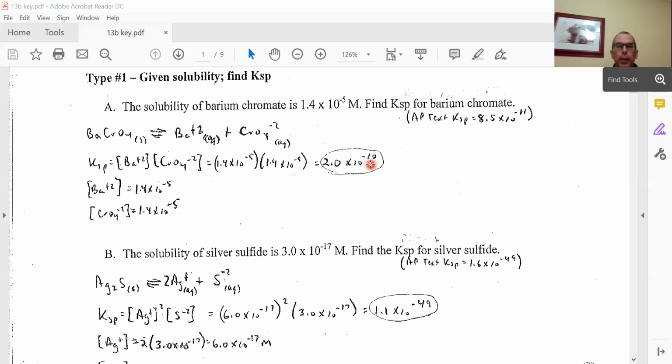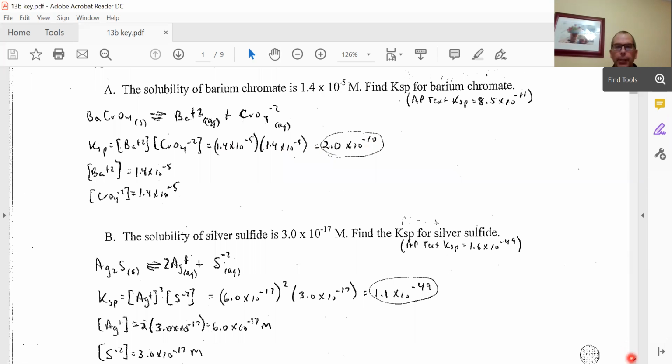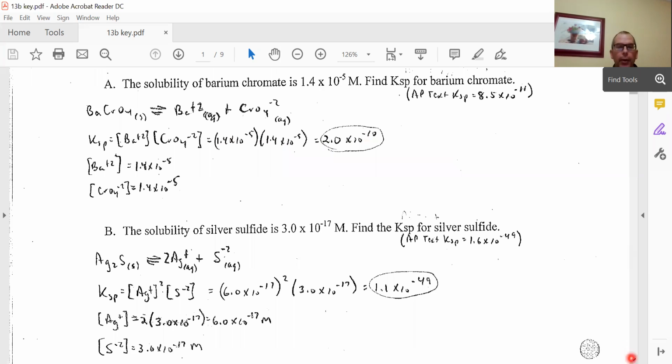All right, let's do another example of this. But this time it's not going to have a 1:1 ratio, so it makes it a little bit trickier. The solubility of silver sulfide is 3.0 times 10 to the negative fifth. Find the KSP of silver sulfide. So I'm going to write my expression.